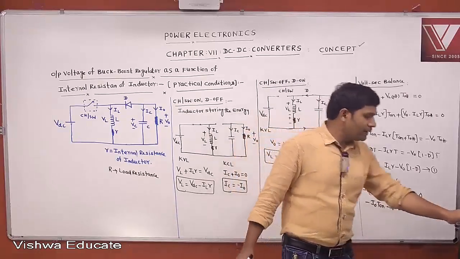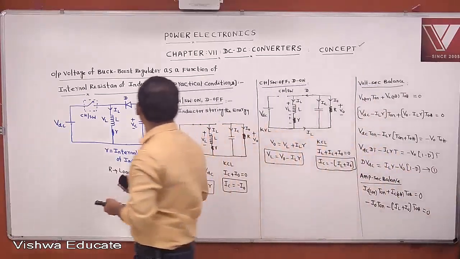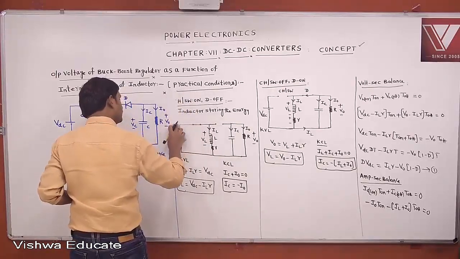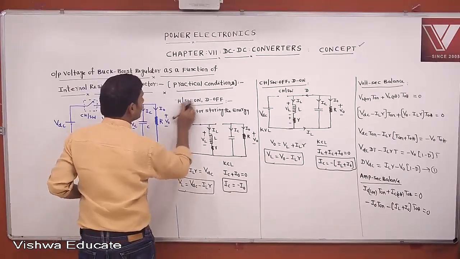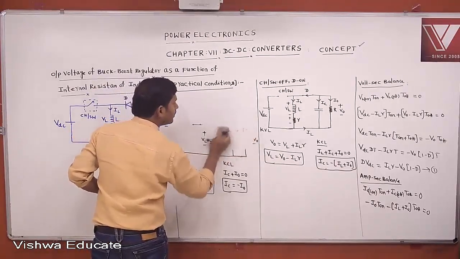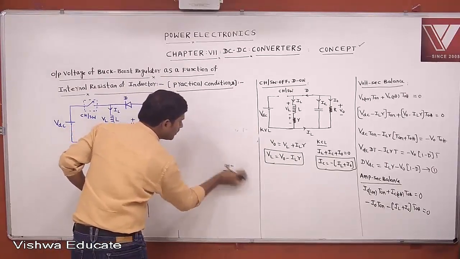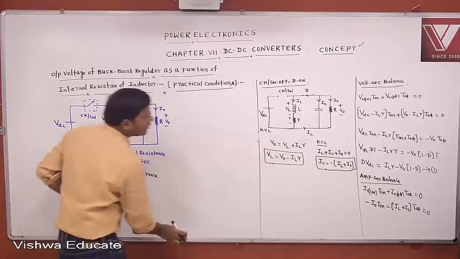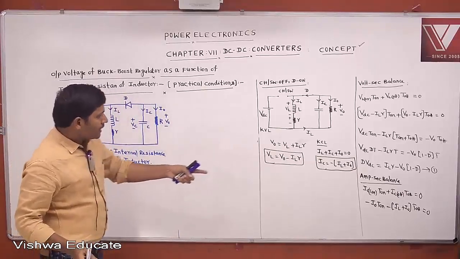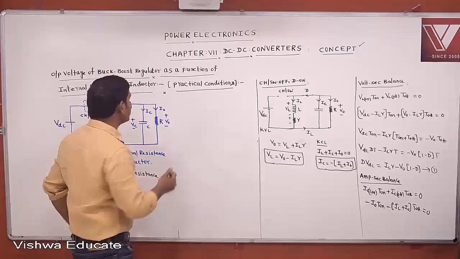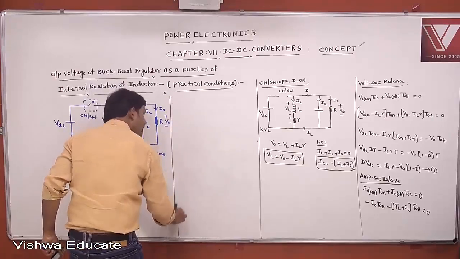Then you simplify this. What you get? Minus I naught into T on minus of IL plus I naught into T off. Okay.